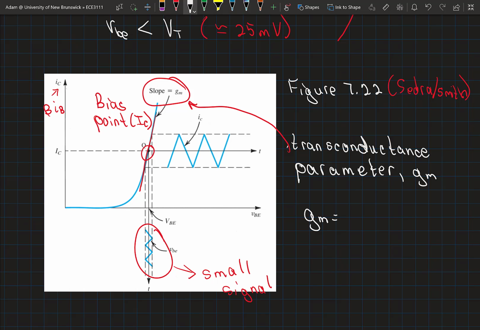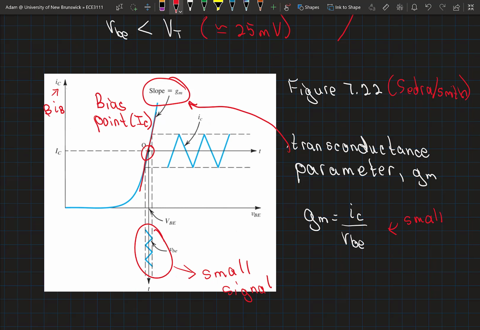If we go through a small signal linearization, we can show that the transconductance parameter could be simply defined as IC divided by VBE, through a small signal linearization.